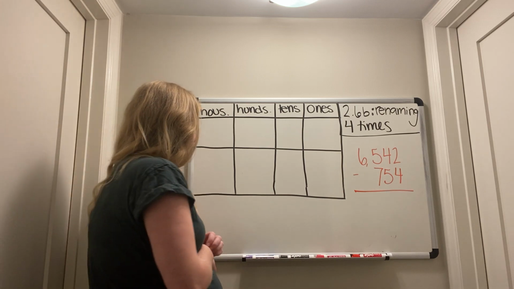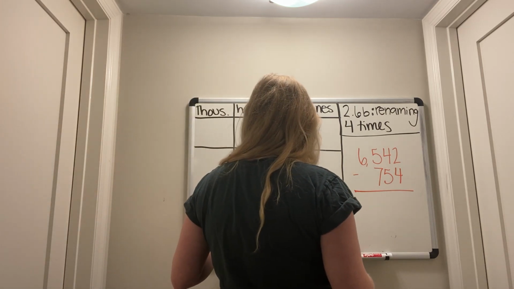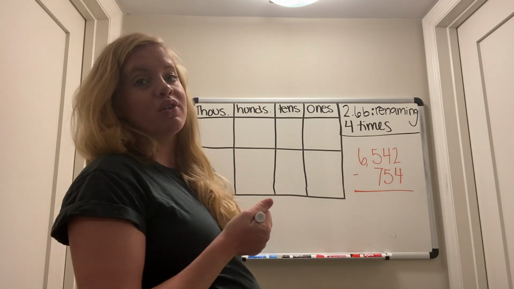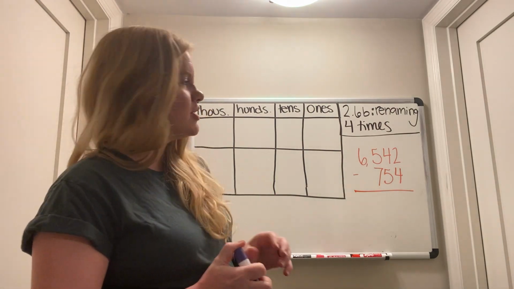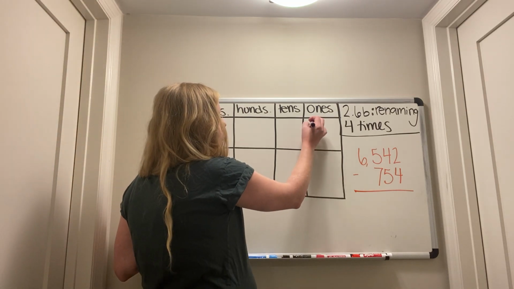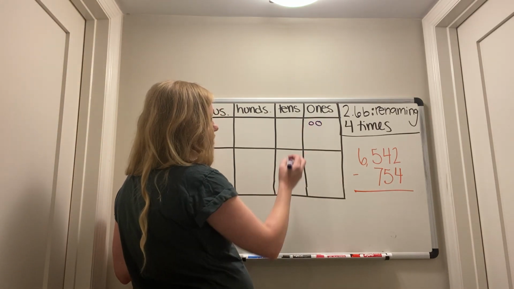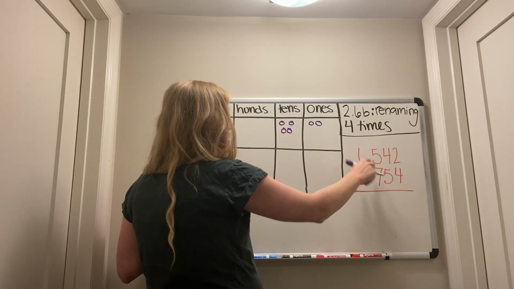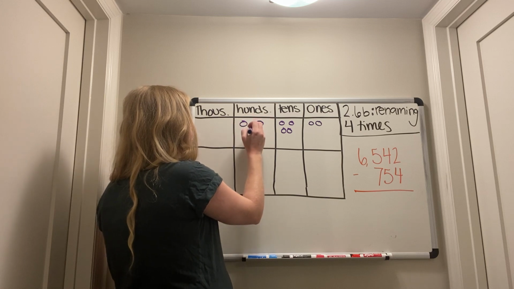Our first number that we have here, I'm going to use purple for our first number, 6,542. I always start in the ones place. Not always, but today I'm going to start in the ones place. Ones, we have 2 ones. We have 4 tens, or 40. We have 5 hundreds.